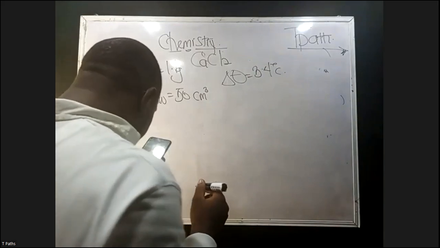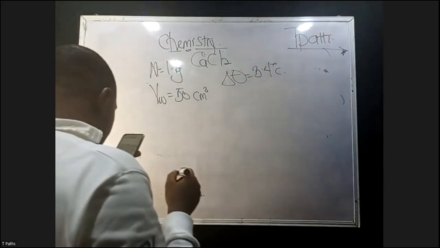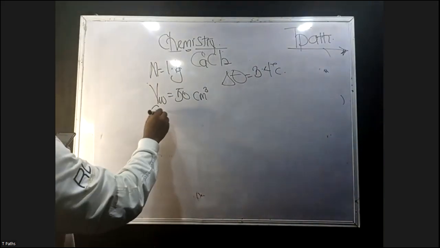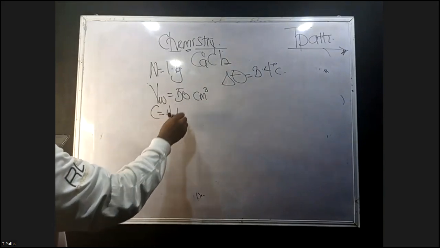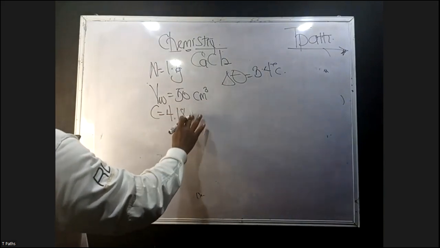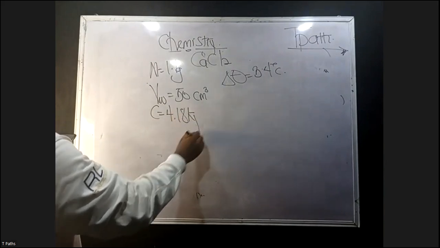The heat of reaction for CaCl2 in kilojoules per mole is what? We are given that C is equal to 4.18 kilojoules.